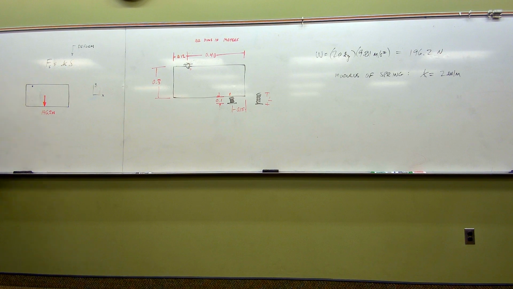We also have a pinhole here, and we have already asserted that the pin, because it's ideal, is frictionless, it's smooth, and we have seen many times for pins that we just represent pin forces as some arbitrary X force and some arbitrary Y force.